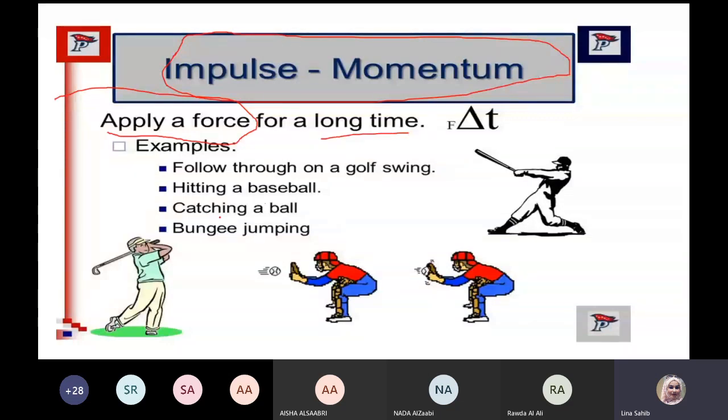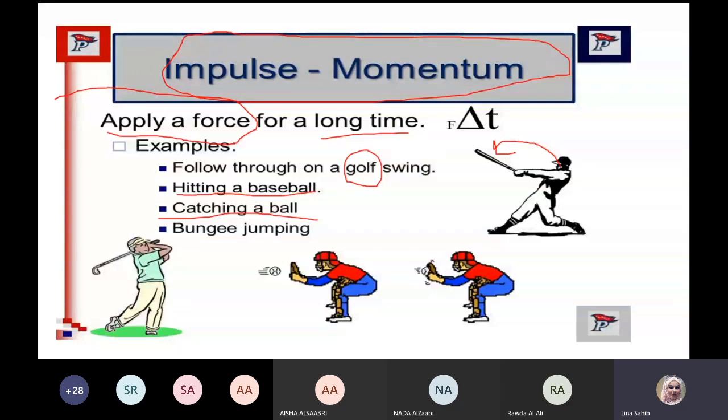For example: golf, swimming, hitting a baseball, catching a ball. For golf, the player will use the stick to hit the ball with a force for a specific time, and the momentum will be generated because the ball will start moving with a velocity.